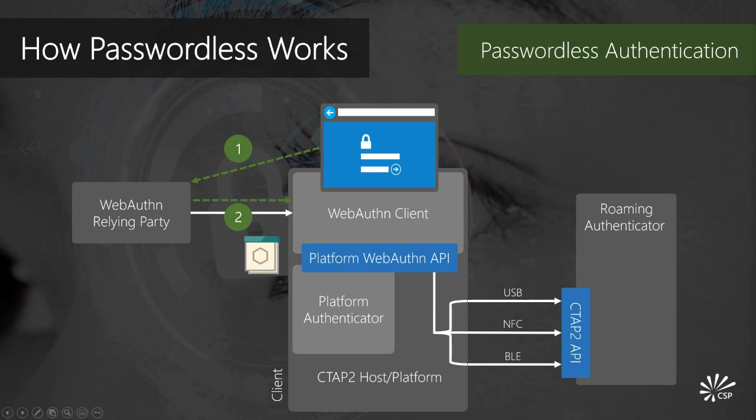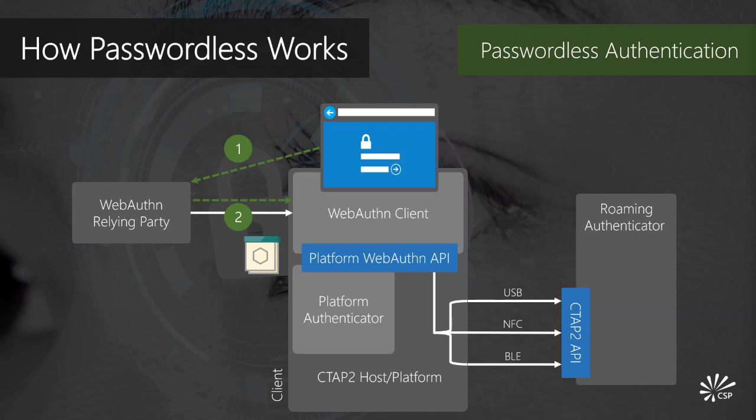So the authentication workflow starts with the relying party, again Azure AD in this case, creating an assertion that is signed by the authenticator. I'm sorry, no, I'm getting ahead of myself. The first step outside of the registration process is that the relying party creates a challenge or a nonce. You might have heard me say that during the registration process, because this is technically the same.